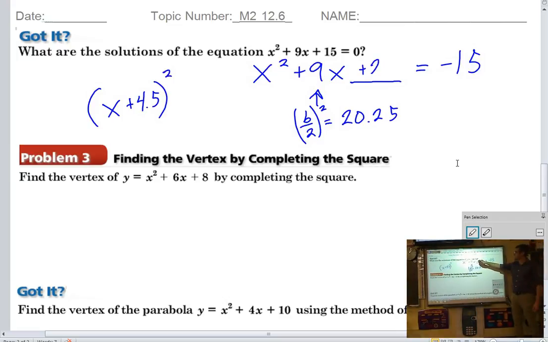So this can be 20.25. And now my left side becomes x plus 4.5 squared.